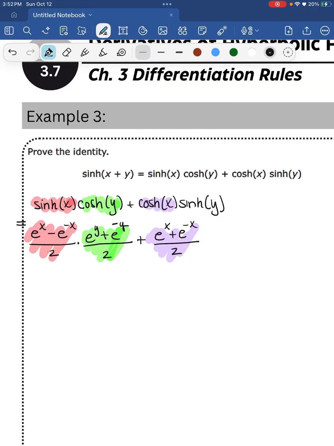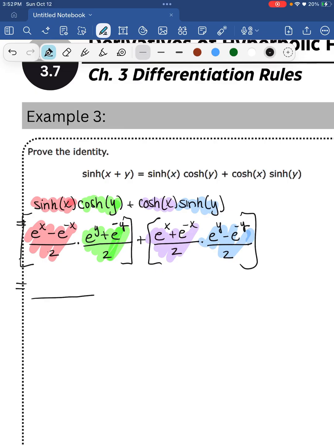Then we take e to the x times negative e to the negative y, and that's going to be negative e to the x minus y. Then we take e to the negative x times e to the y. So that would be positive e to the negative x plus y. And then last but not least, we take e to the negative x times negative e to the negative y, and that's going to put us at negative e to the negative x minus y, all over 4.